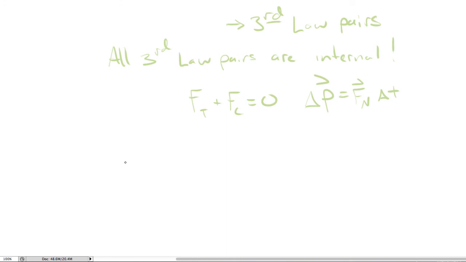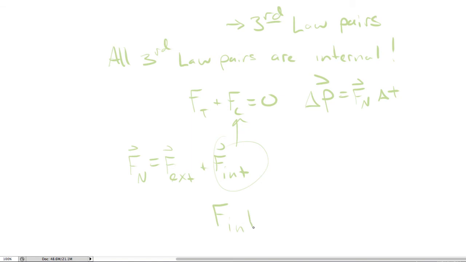So net force can include both external forces and internal forces. That's certainly a force. Those are internal forces. But the thing is, all of these internal forces have third law pairs, which means that if you add up the pairs, you're always going to get 0.